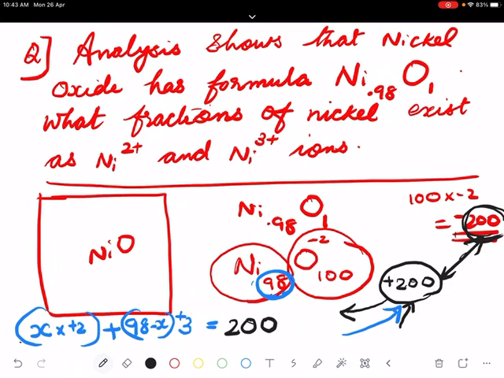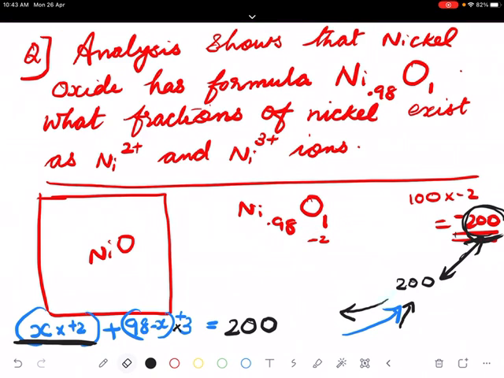How many Ni2 plus? Suppose x. That means 2 into x means 2x, plus 98 minus x into 3, which is equal to 200.